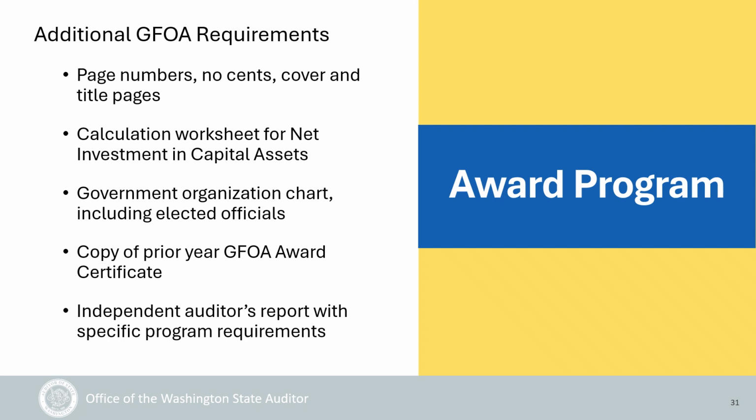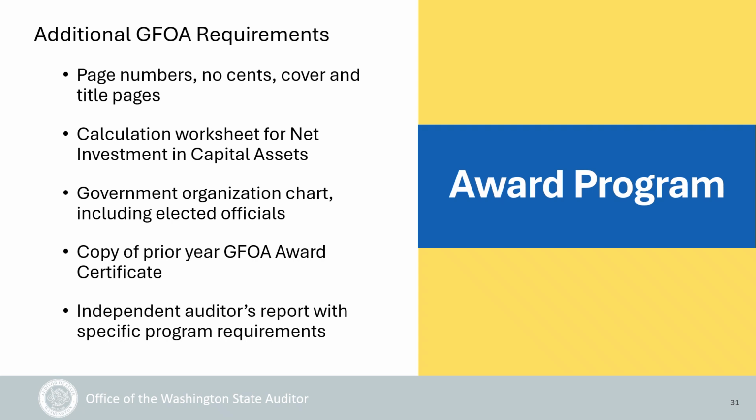Examples of some of these additional criteria include numbering the ACFR pages, a cover page, title pages, and things like the government refraining from reporting cents throughout the ACFR.